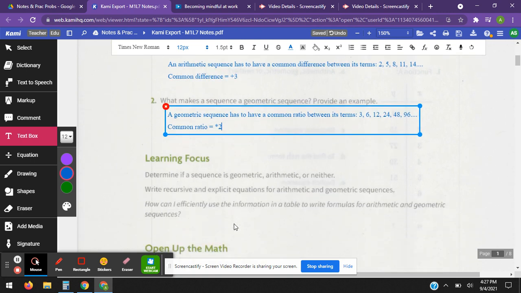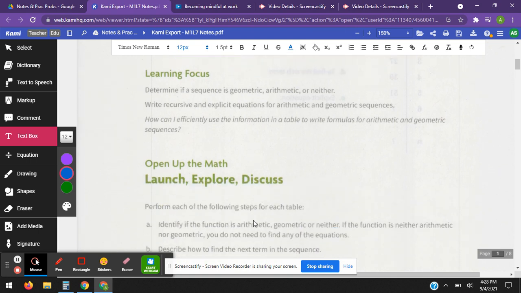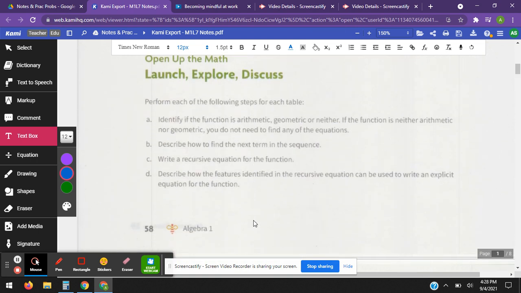forms. All right, so this is going to be our practice lesson to see if you can identify geometric, arithmetic, or neither. I'm going to practice writing your recursive and explicit equations for both kinds of sequences. And these will come from a table. For each of the following, we're going to identify if it's arithmetic, geometric, or neither.